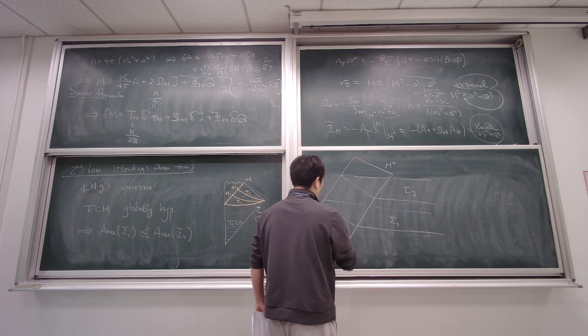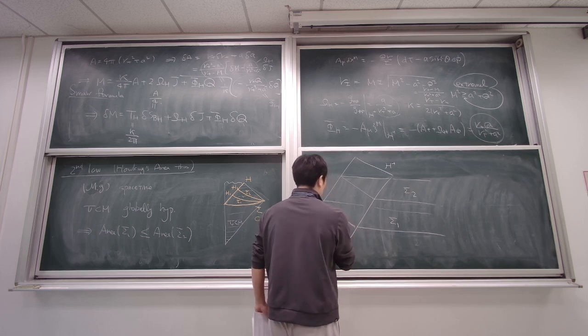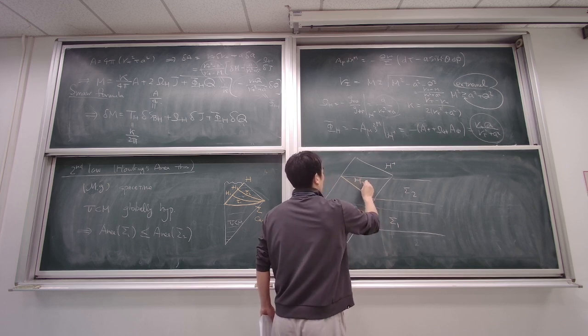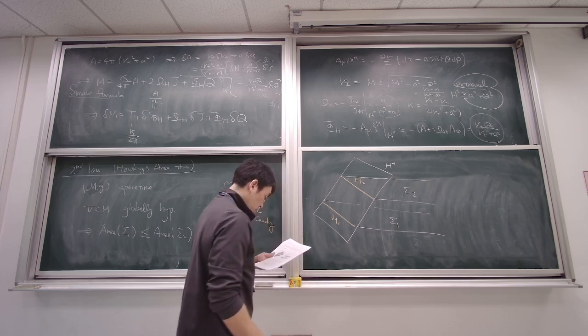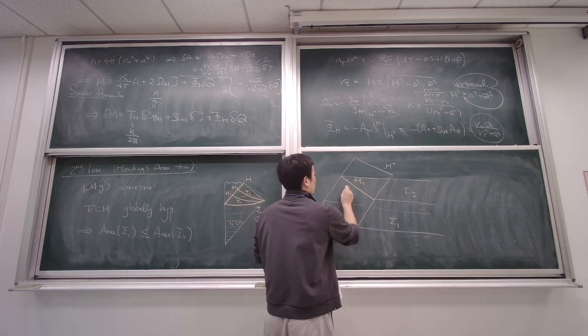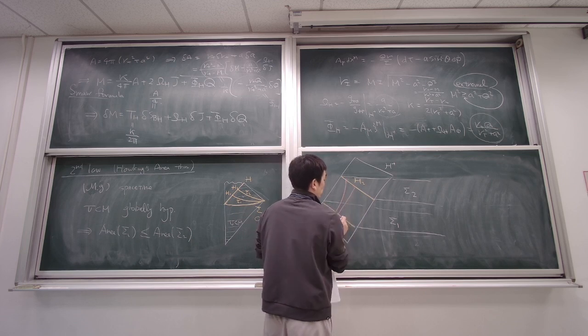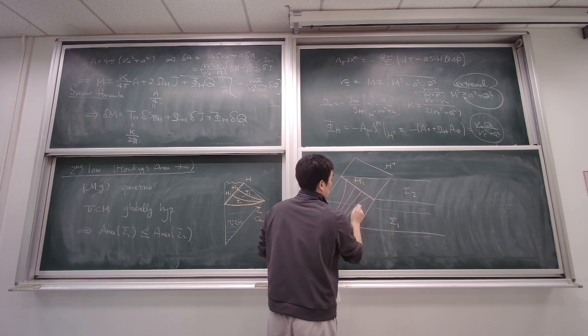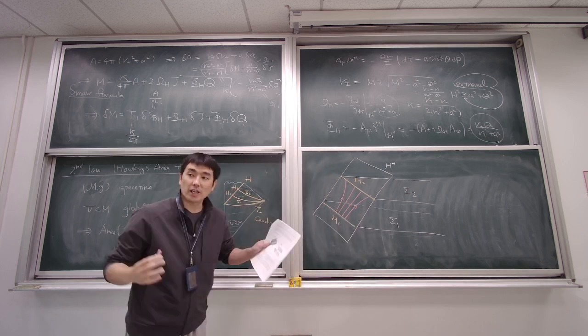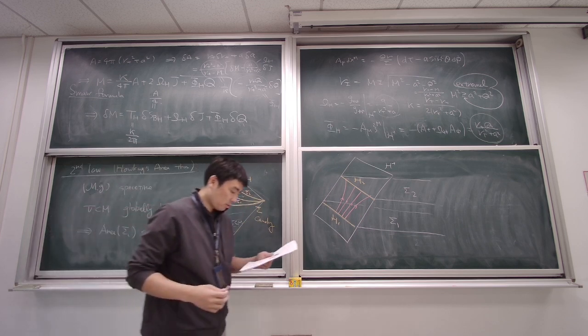So this part is the horizon, H1 and this is H2. And we just consider the null geodesic, something like this. So that's the statement. So it never converges this way.